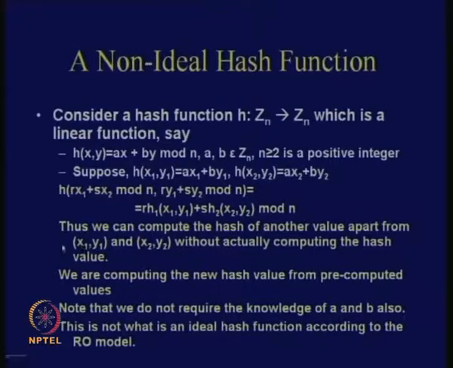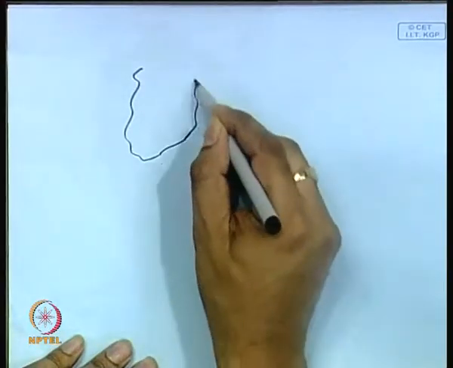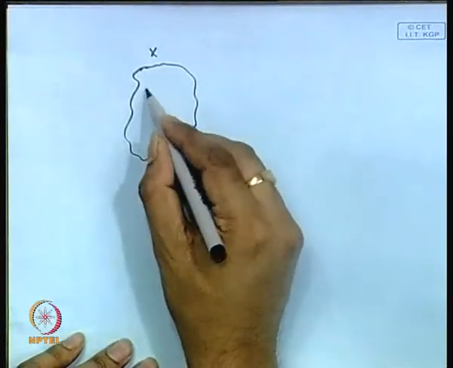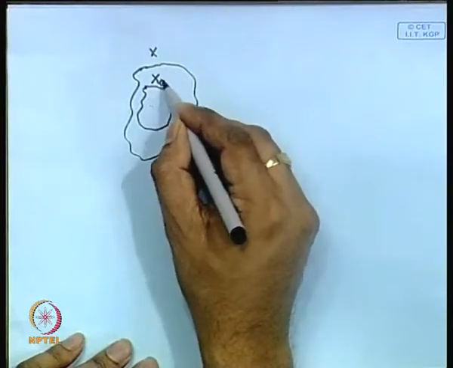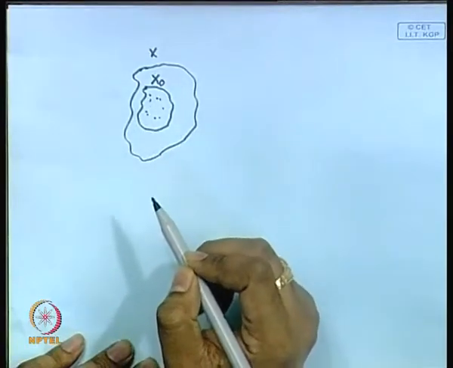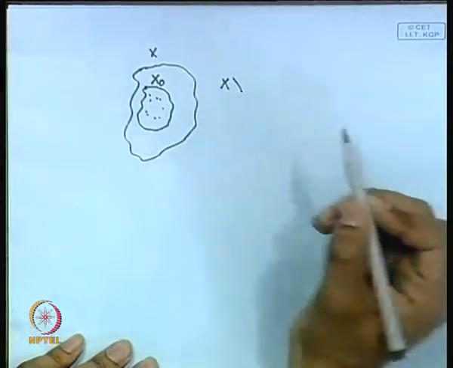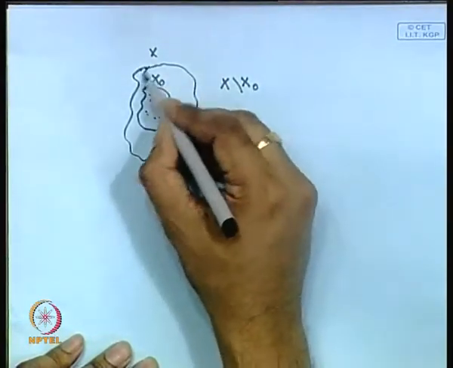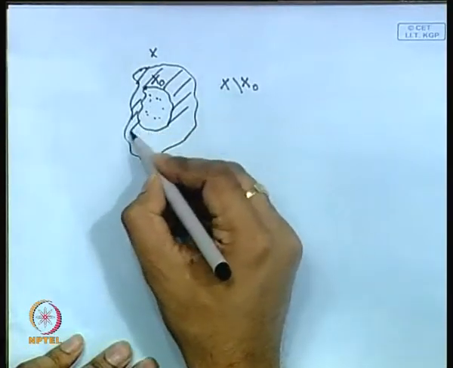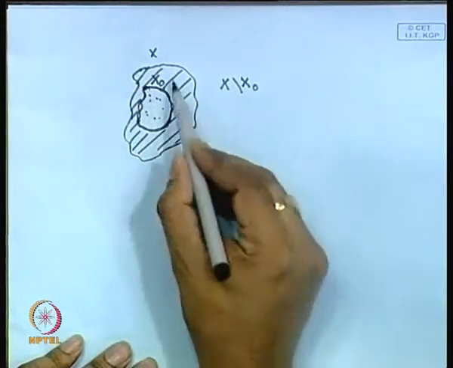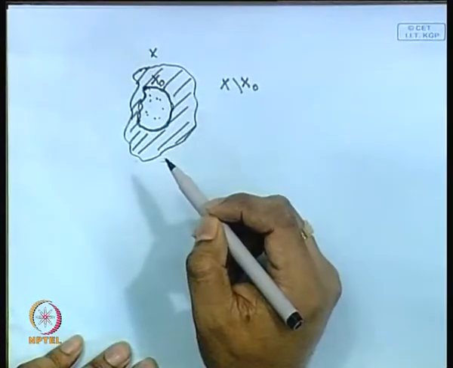Random oracle models should be such that, pictorially, it will look like this. Suppose you have got a domain, say X, and out of it you take any subset, which I call X naught, and suppose you know all the corresponding hash outputs for this X naught. Now if you access a point from X minus X naught, these hashed outputs should not give you any information about the other hashed outputs.